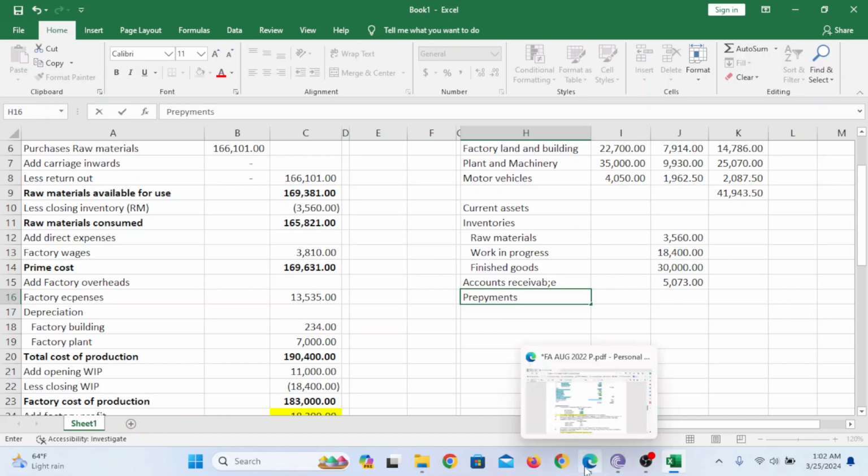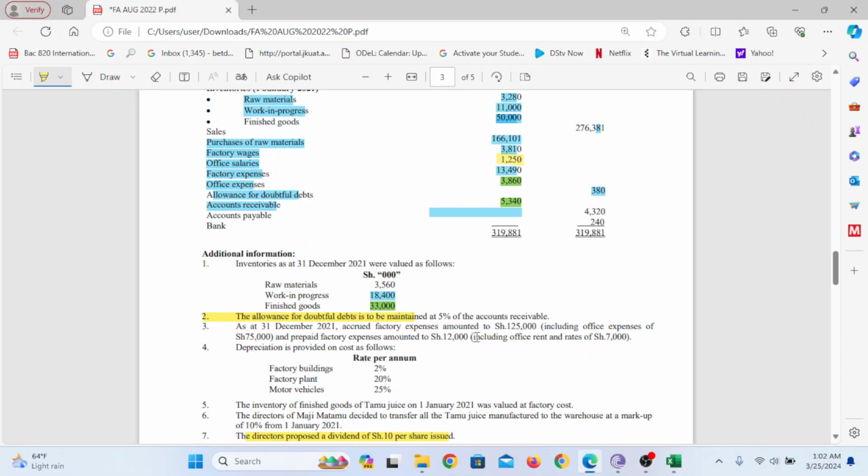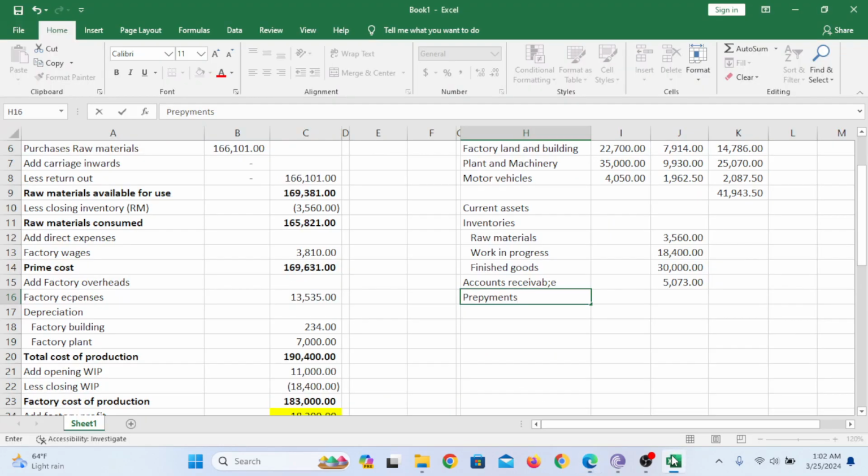Prepayments was in the same general. The prepayment is 12 here as an asset. So we add. So 3560 plus 18400 plus 3000 plus 5073 plus 12.